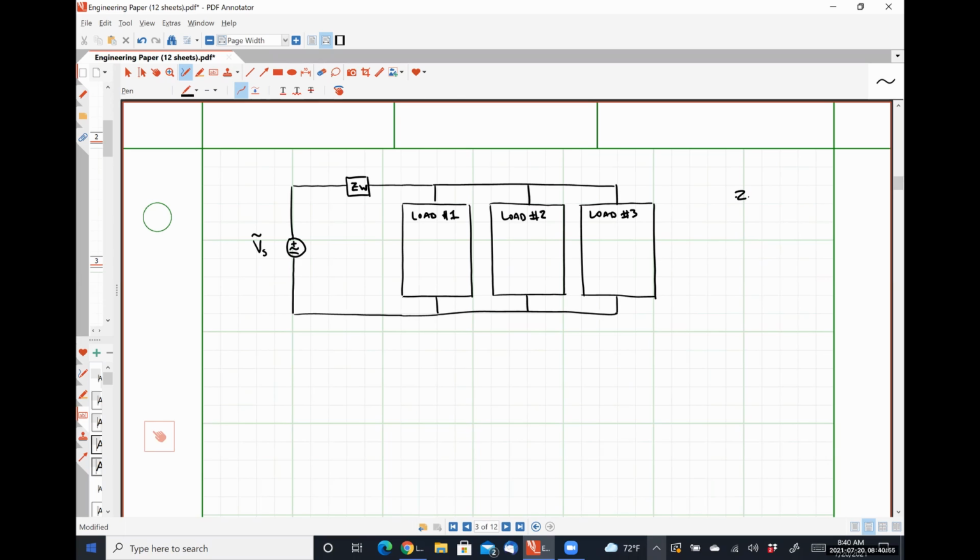So let's say that our impedance for our transmission line is 0.1 plus j0.2 ohms. Let's say that load number 1 is absorbing 30 kilowatts at a power factor of 0.8 leading.